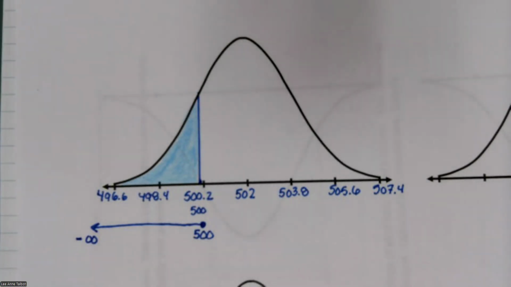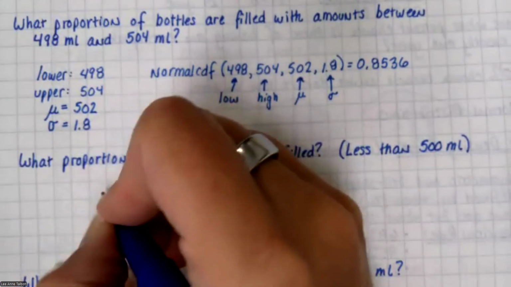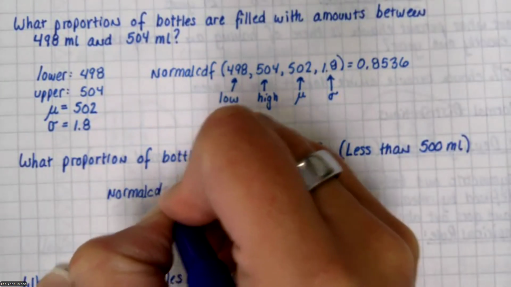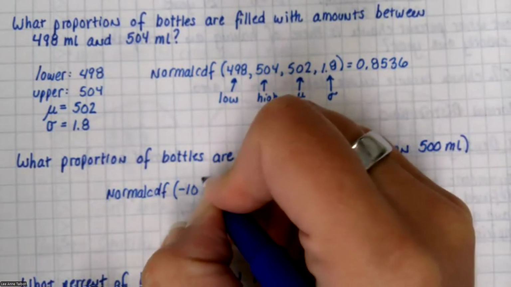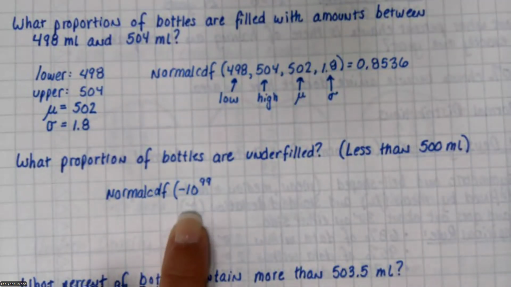Okay, now your calculator, unless you have a TI Nspire, will not have negative infinity in it. It's not a button that we have. So what we do is we say negative 10 to the 99th power for negative infinity.